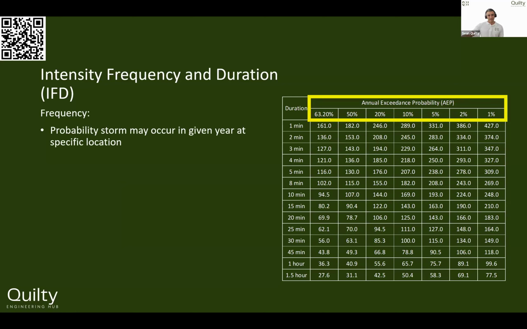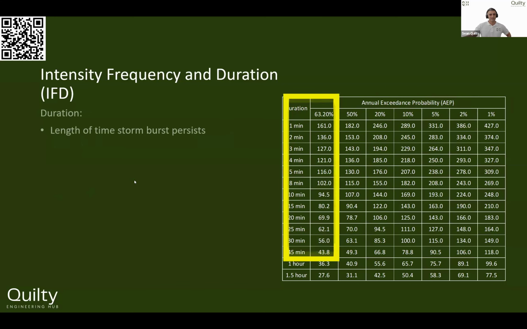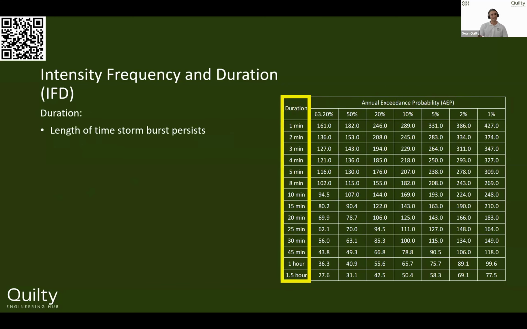In an IFD table, and I'll show you where you can get these as well, you'll see the probability up the top. It may be AEP. It may also show you as an EY as well. And then on the left-hand side, you'll see the storm burst duration. Again, I mentioned before, when we look at a storm, we have the complete storm, but that storm is made up of the pre-burst, the storm burst, and then the post-burst.